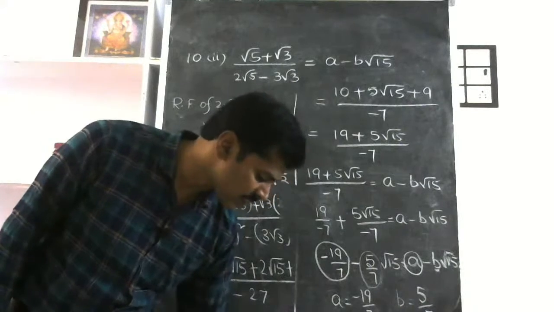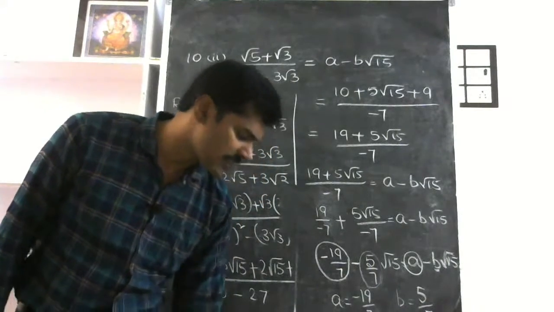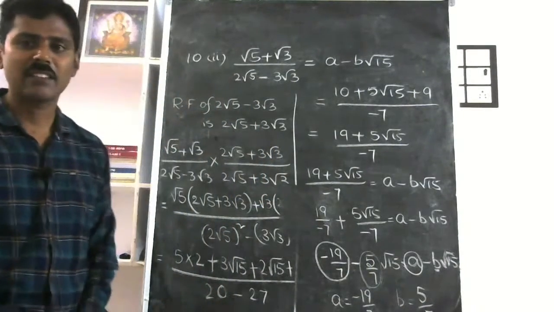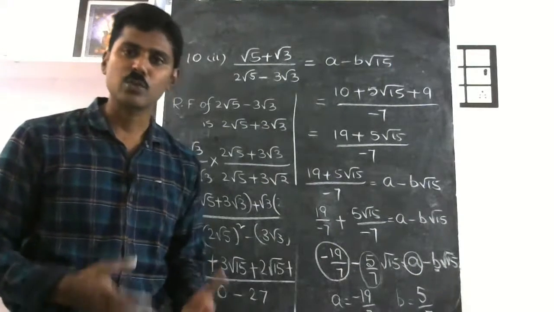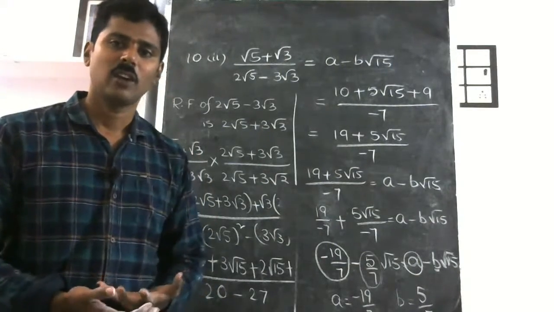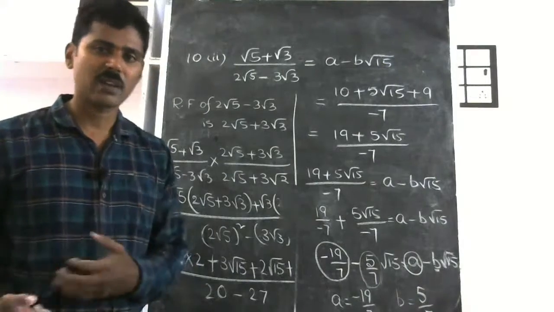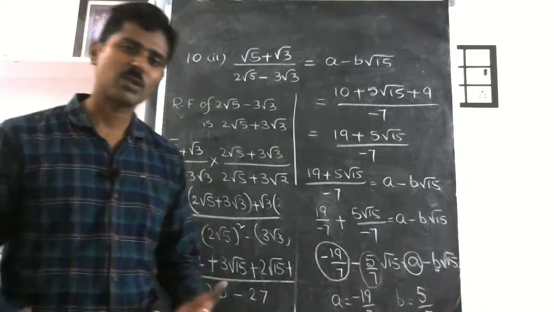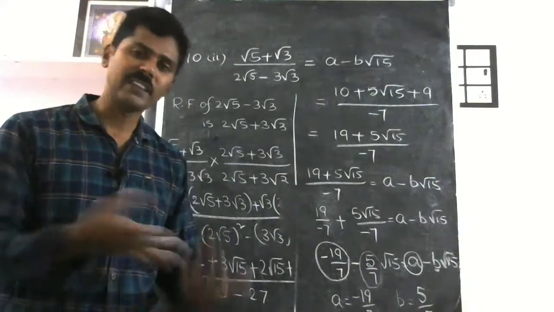So friends, these are the problems in the first chapter, real numbers. In this 9th class, what we have learned first is what is irrational, and how we can say which are irrational numbers and rational numbers, without calculating and without division, and with division also.